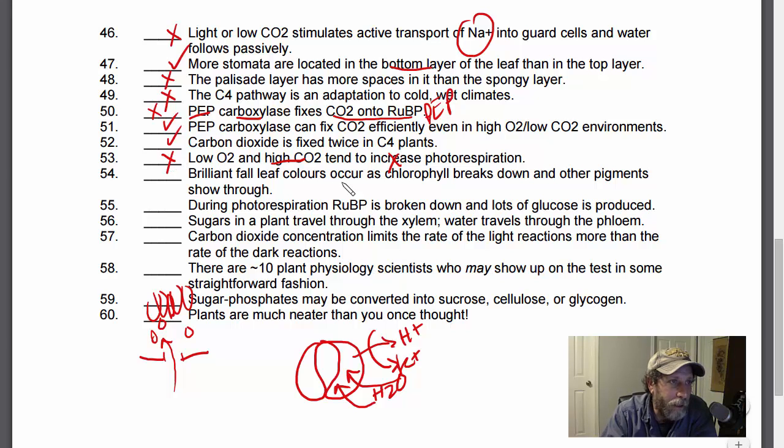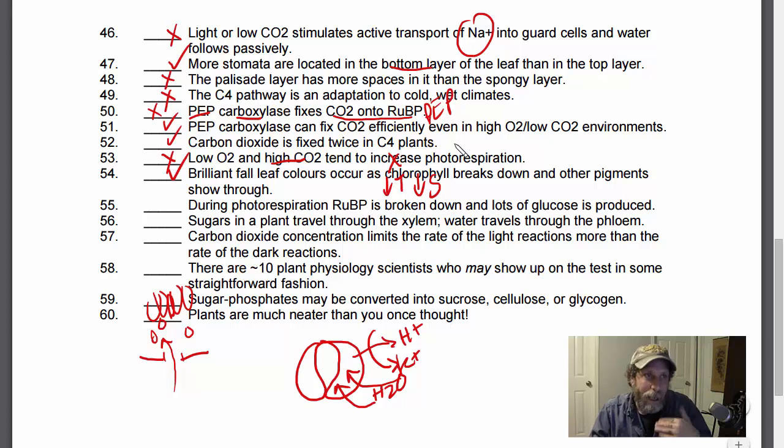Brilliant fall leaf colors occur as chlorophyll breaks down and other pigments show through. This is a bit of a generalization, but it's basically true. As you look at those brilliant fall leaf colors, chlorophyll is declining because of decreased temperature and decreased sunlight, the two major factors. And then the other pigments show through.